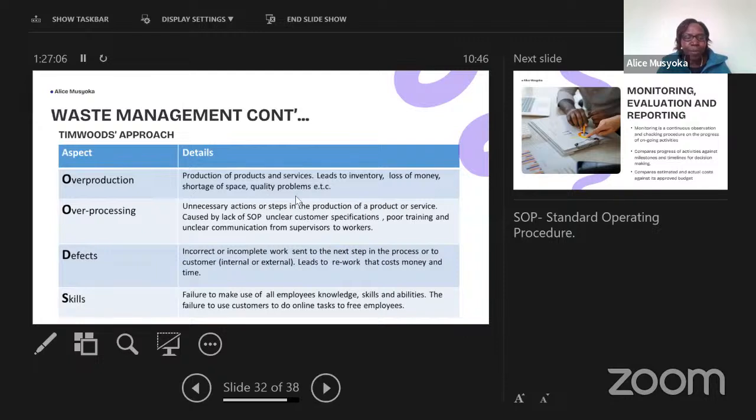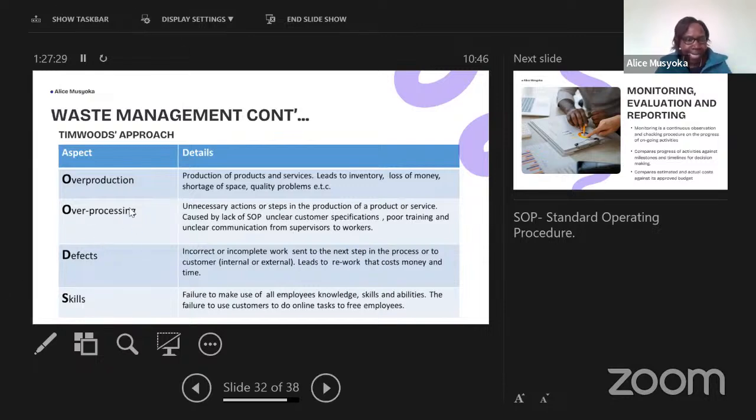Then we have quality problems because of overproduction, because it is likely that the standard operating procedures are not followed properly. And so that will affect the quality of goods and services.